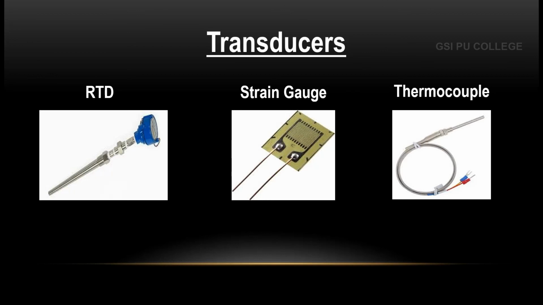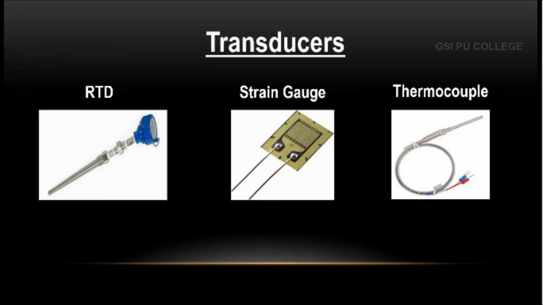Such low level signals are not sufficient to drive the next stage of the system. One more difficulty in the practical system is that the transducer used may be mounted on pieces of equipment or structures which are remote from the control location.